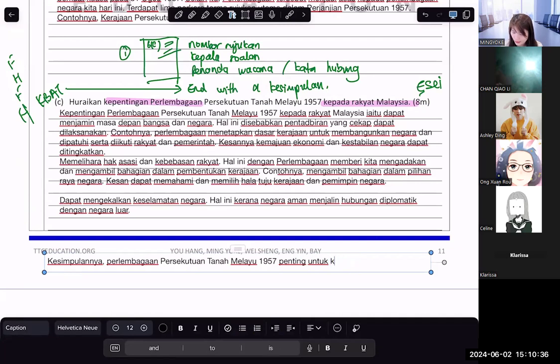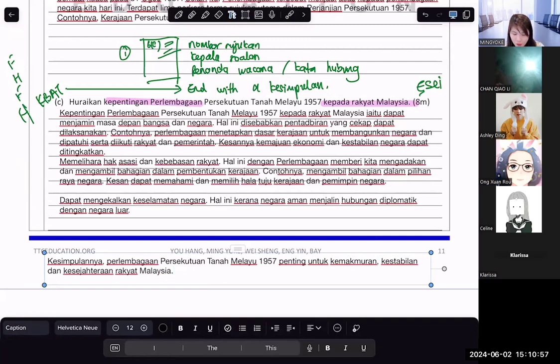Penting untuk kemakmuran, kestabilan, dan kesejahteraan rakyat Malaysia.